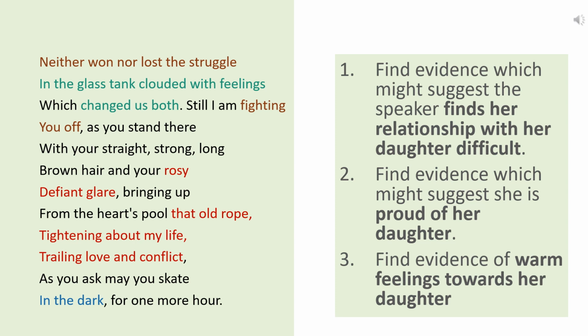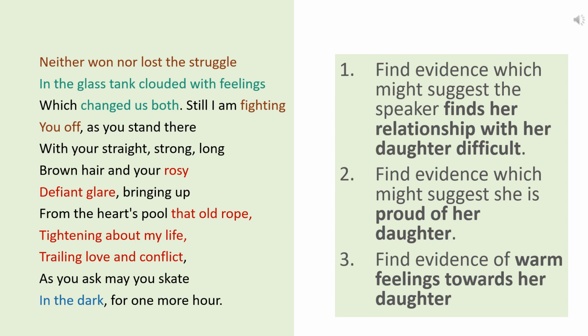Now, what I'd like you to do, looking at this, is to find evidence that might suggest a number of different, perhaps conflicting feelings that the speaker expresses. So the first one I'm going to ask you to try and find is evidence that might suggest the speaker finds her relationship with her daughter difficult.